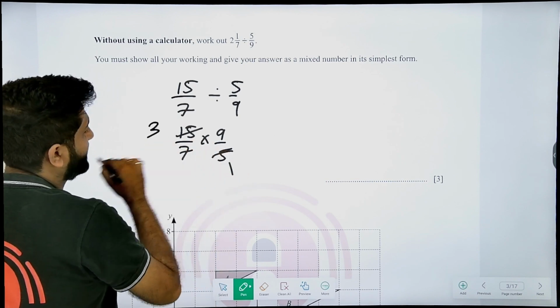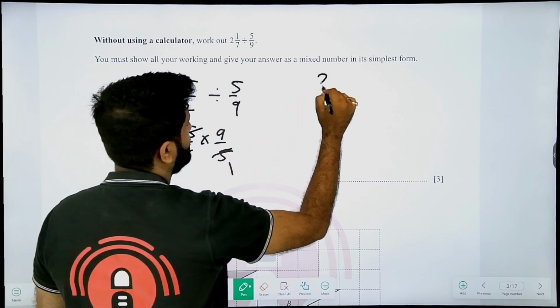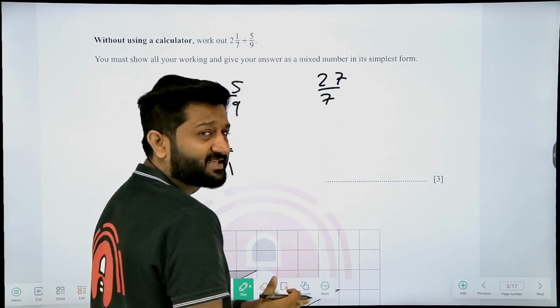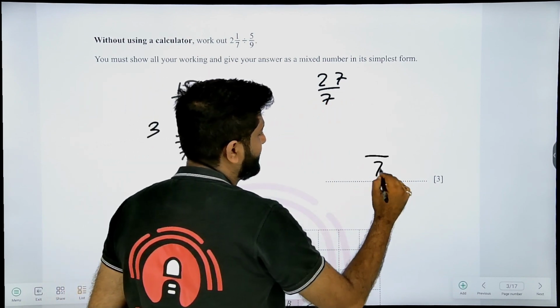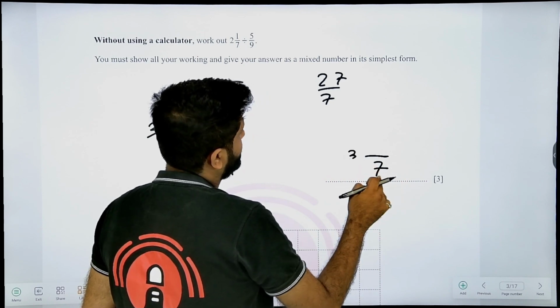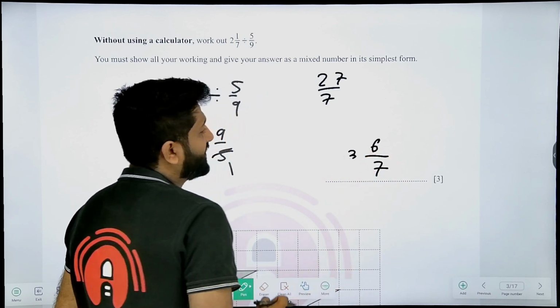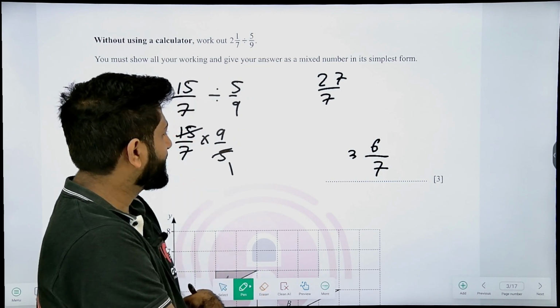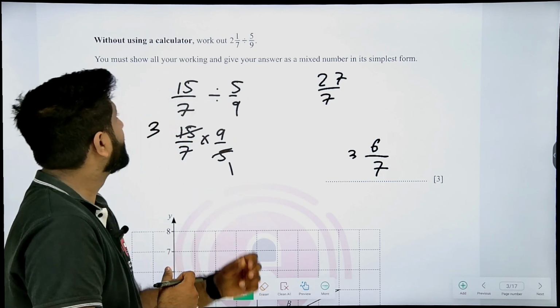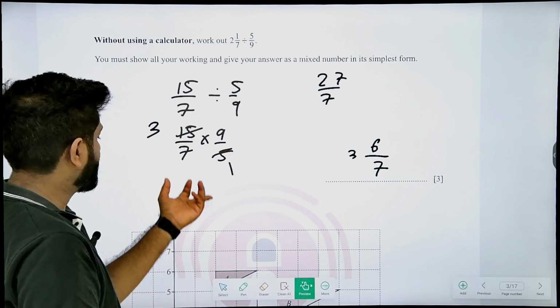This is 1, this is 3. So the answer is 27 over 7. I can write this as 3 integer 6 by 7: 7 threes are 21, 21 plus 6 is 27. Correct. Let's go to the next question.